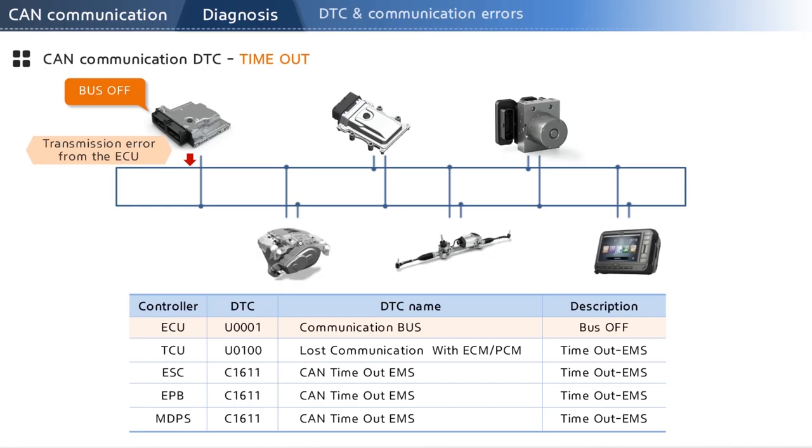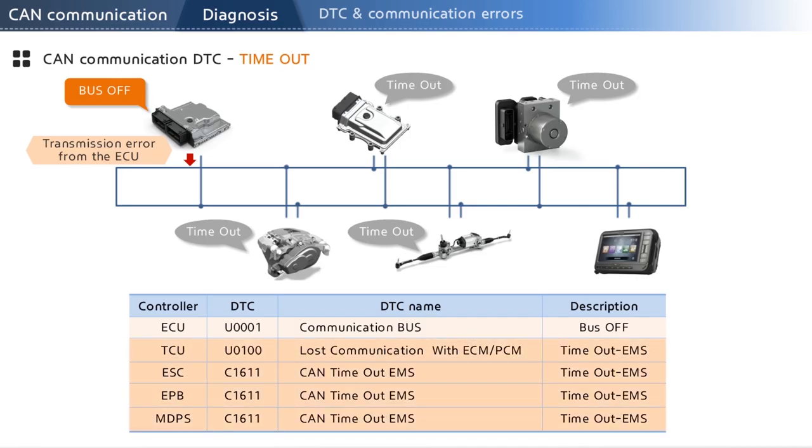After waiting for a set period, they will generate timeout. These are all referred to as EMS timeout. So, this DTC indicates that the ECU needs to be checked or there is a disconnection somewhere in the related sublines.